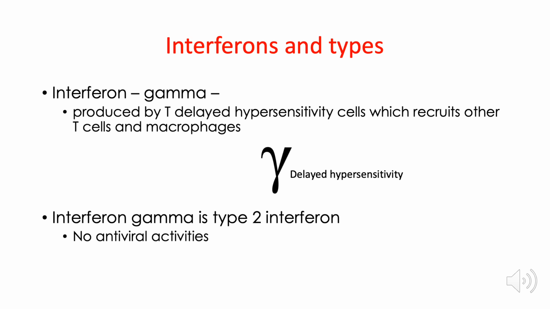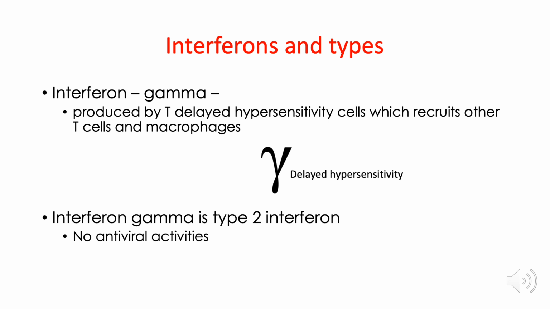I know this one rings a bell because you have already heard it in our previous discussion. Now, I want you to take a look at the gamma sign in there. I just want you to imagine that both of its arms will be straightened to make it appear like letter T. Why? Because interferon gamma is produced by the T-delayed hypersensitivity. I hope you can remember that the T-delayed hypersensitivity functions to recruit more monocytes or macrophages and T cells into the site of infection.